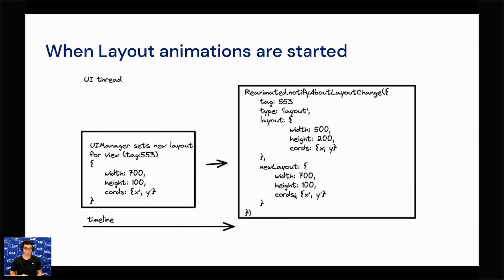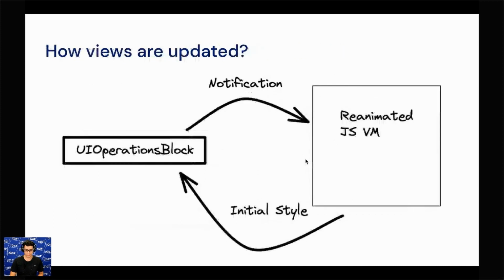Another example is when the layout is changed, then we have to actually send two layouts, but the situation is very similar, and those values later you can use in your worklet.